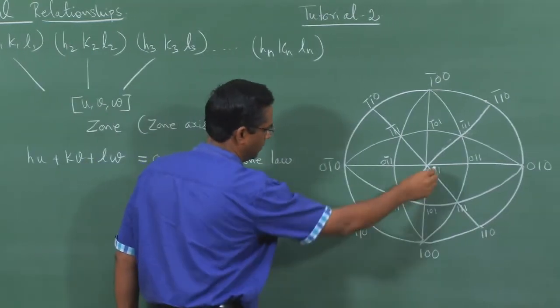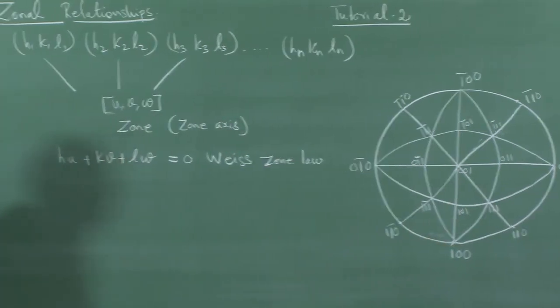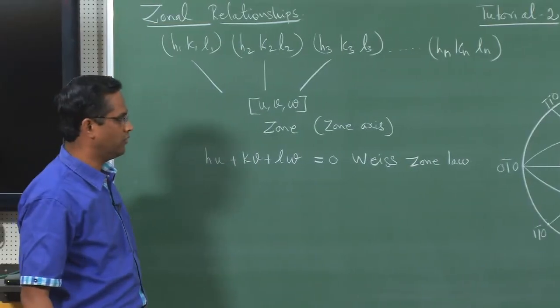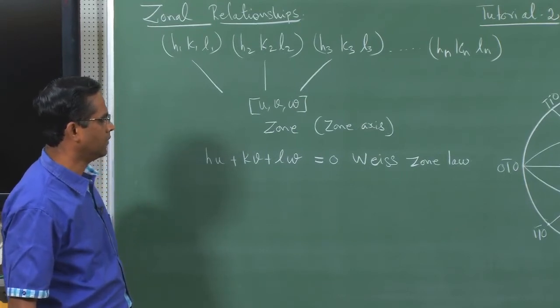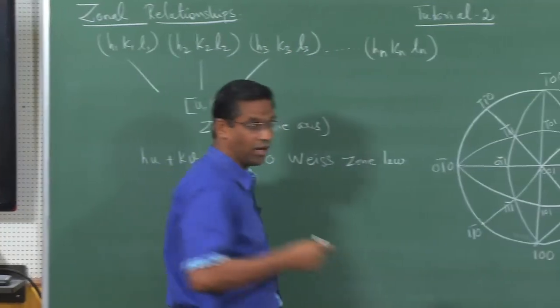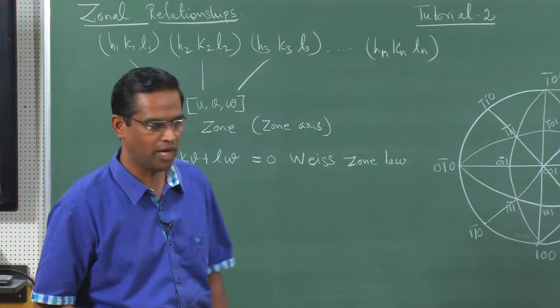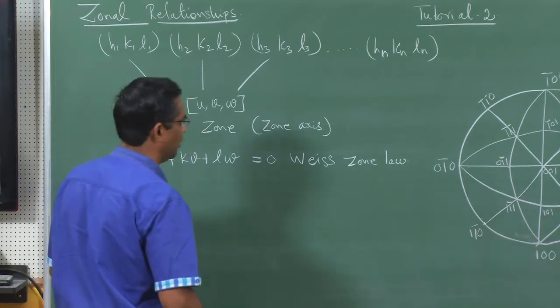You take any one of these, it will obey this law. So, that is the idea of finding the zone axis for given poles, or identifying the zone axis for given poles. This is the way to do it.